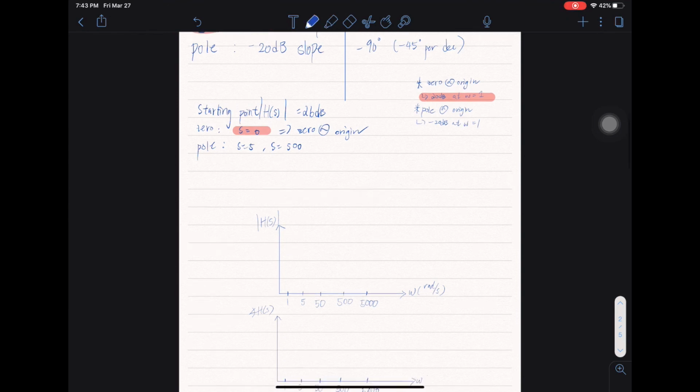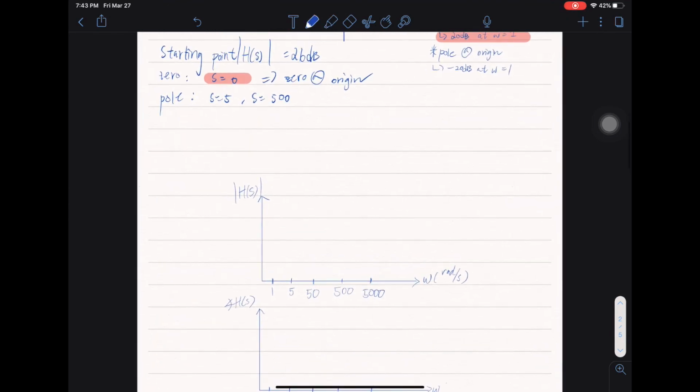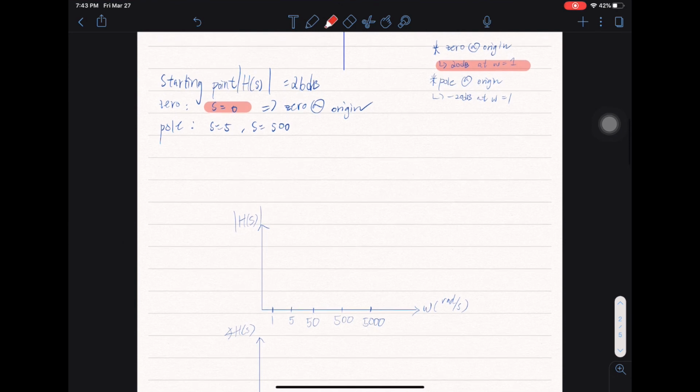So by the way, our starting point is 26 dB. That's why we begin here, at 26 dB. This is going to be our starting point. And we notice that we have a zero at origin. So at omega equal to 1, you will have a positive 20 dB.